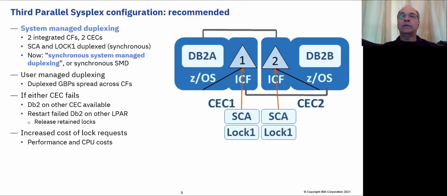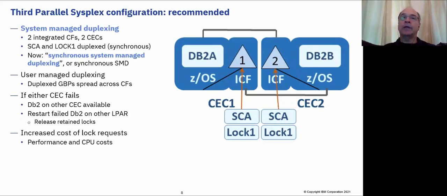And the idea was that XCF would keep the contents of the SCAs and the contents of the lock structure in sync before the IRLM or the master address space gets the response back to any request. For most of the rest of this presentation, I'm going to call this synchronous system managed duplexing because we now have another variety to discuss. But when this first came out, we just called this system managed duplexing.